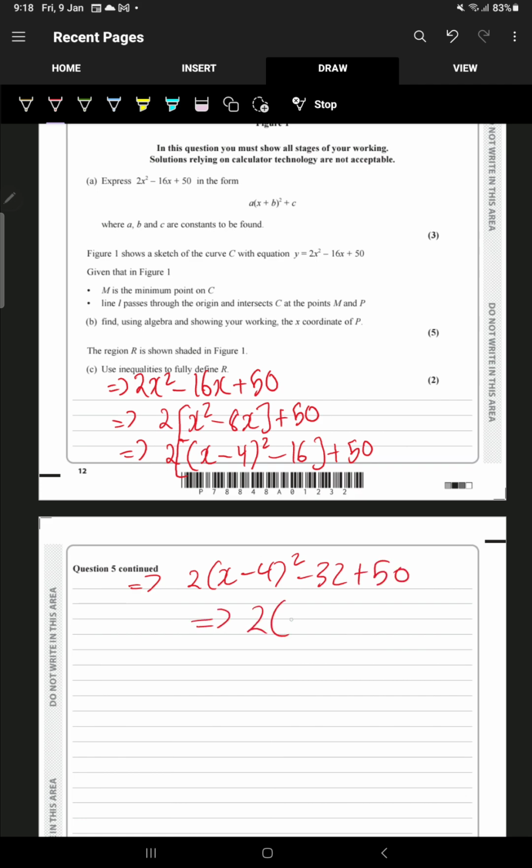This is going to give us 2 times x minus 4 squared, minus 32 plus 50 is going to give us plus 18.